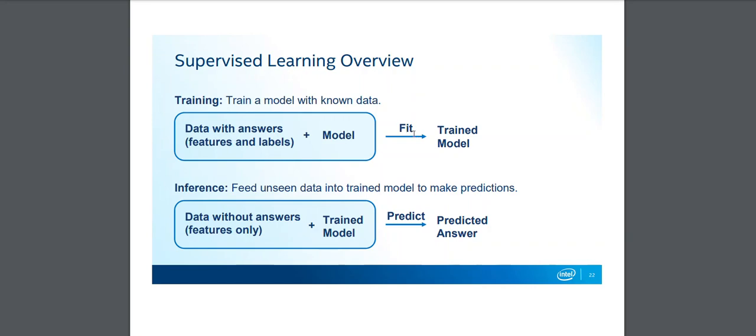We'll dig deeper into what the fit part of it is in another course. But once we come up with a trained model, we do our inference, where we run data without any classification, feed it into that trained model, and we end up with our prediction. So this is the inference path.